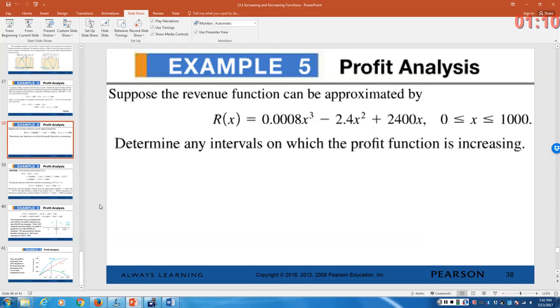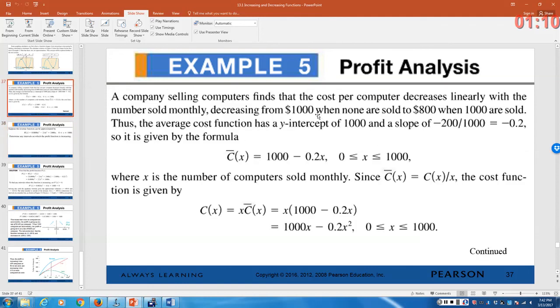Now, since this is about profit, and I've been given cost, and I have revenue, how do I find profit? Revenue minus cost. Okay. Since these functions are measured in dollars, starting with 1,000 when they don't sell any, and 800 when they sold 1,000, what kind of profit numbers makes sense?